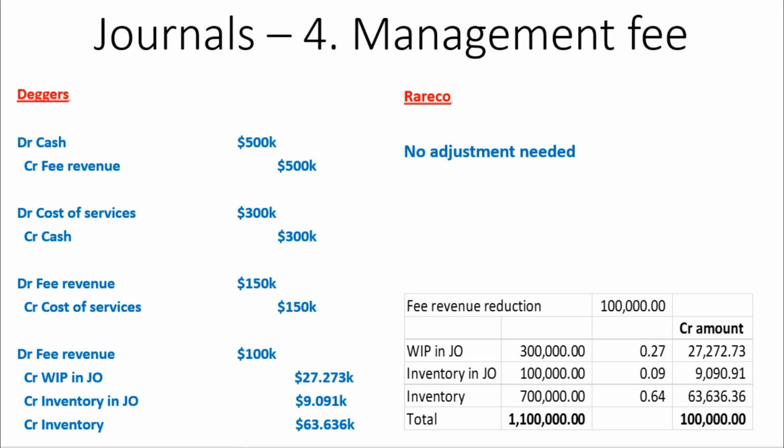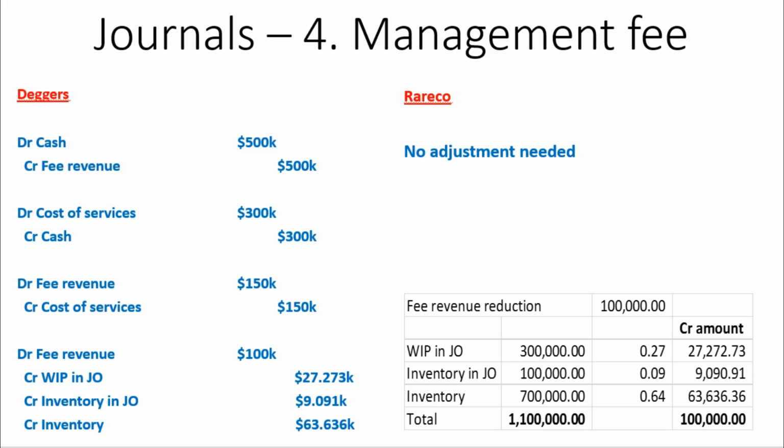$100,000. So the reason it's $100,000 is because we know that we received $500,000 for providing the services, but it cost us $300,000. So the profit is $200,000. But we only want to recognize half of that profit because half of the services were actually provided to ourselves. So the total profit we want to recognize is $100,000.